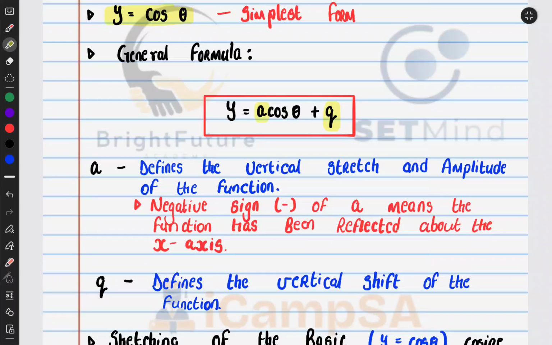What do they mean? A defines the vertical stretch, which is the amplitude of the function. Also the negative sign: if a is negative, that means the function has been reflected about the x-axis. We're going to do an example to show what we mean by that.